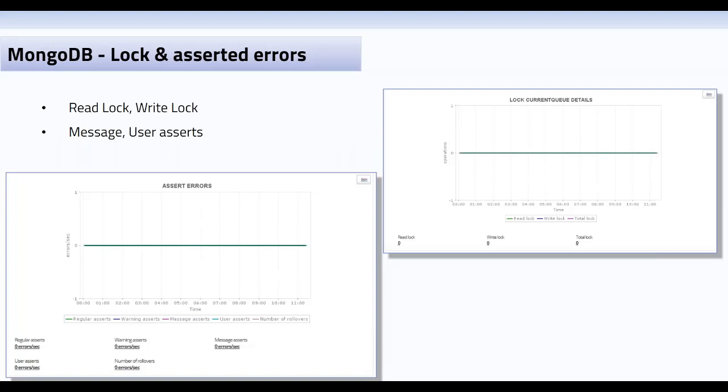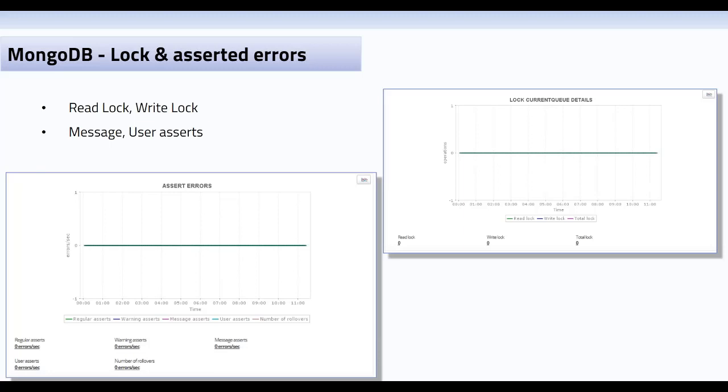MongoDB uses a locking mechanism, which allows multiple users to perform read or write operations on the same set of data while maintaining data consistency across nodes. That is the kind of locking mechanism employed in MongoDB, and that detail is captured right here in the product UI. Assertion errors are common types of errors noticed particularly in MongoDB.